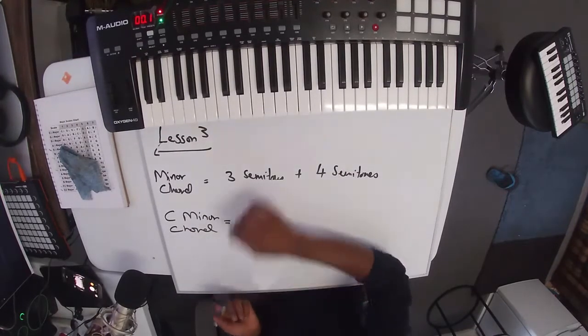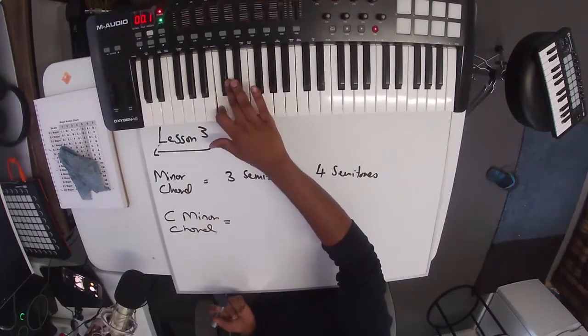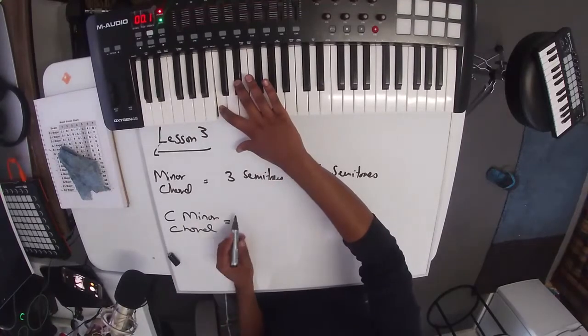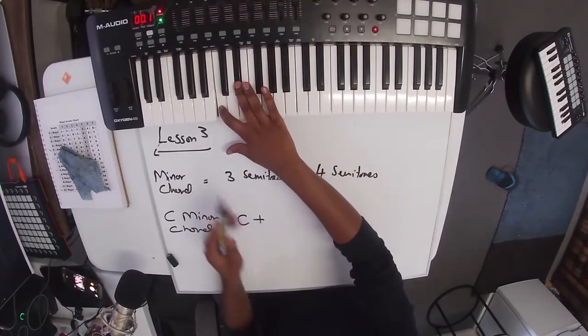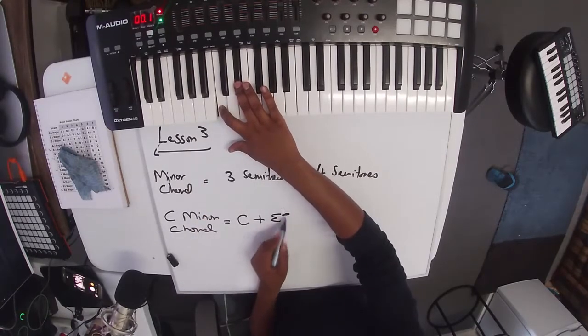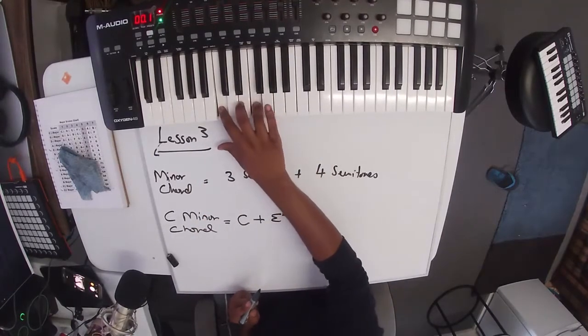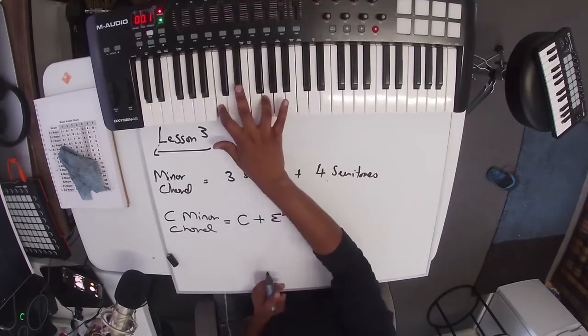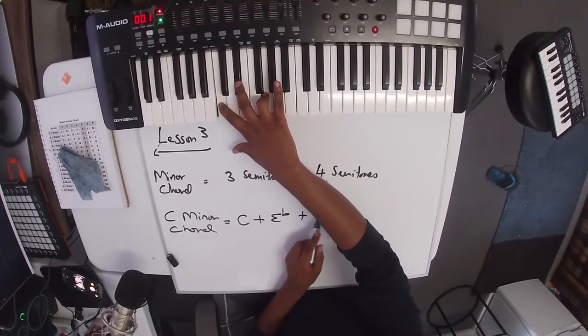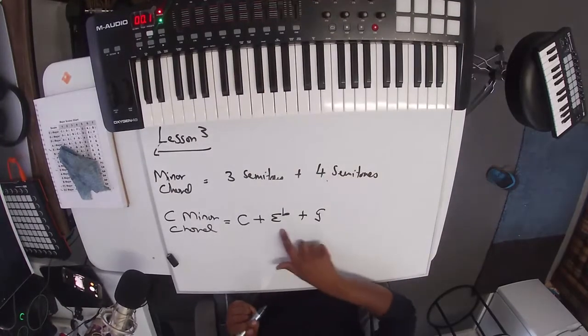That would be 3 semitones, 1, 2, 3. So we've got C and we've got E flat, and then 1, 2, 3, 4 for those 4 semitones, that would be plus G. So C, E flat, and G.